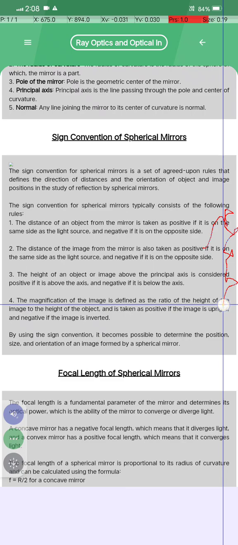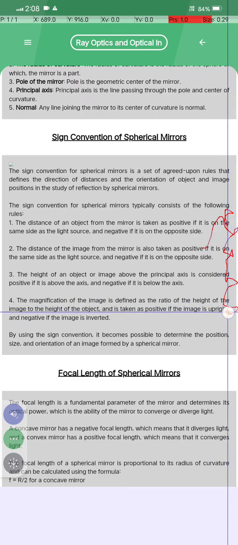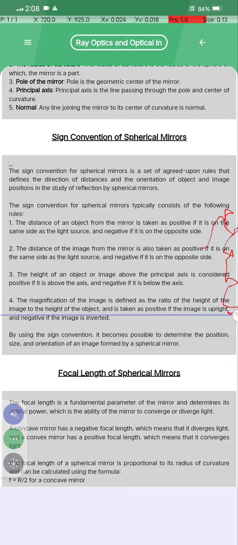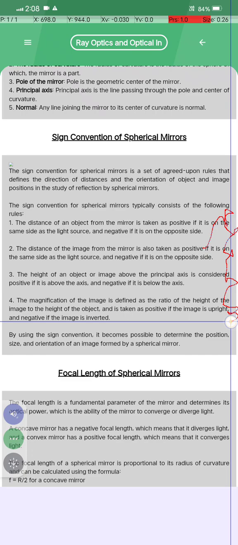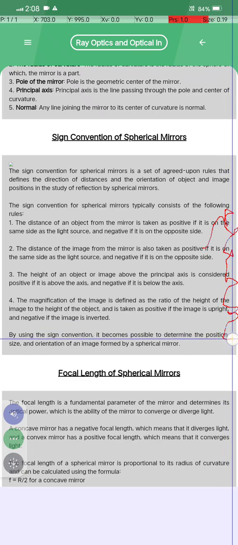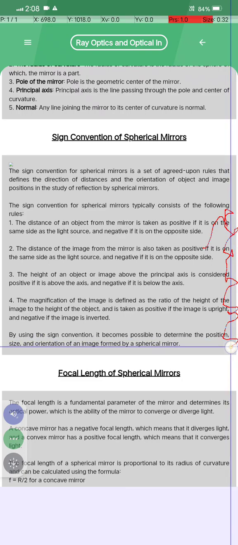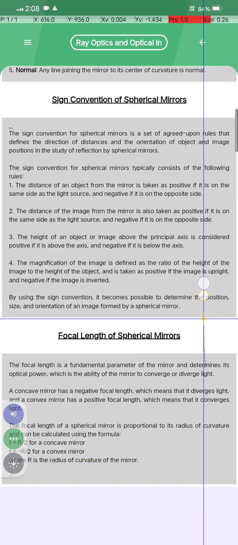The magnification of the image is defined as the ratio of the height of the image formed to the height of the object, and is taken as positive if the image is upright and negative if the image is inverted. By the use of sign convention it becomes possible to determine the position, size and orientation of an image formed by a spherical mirror.